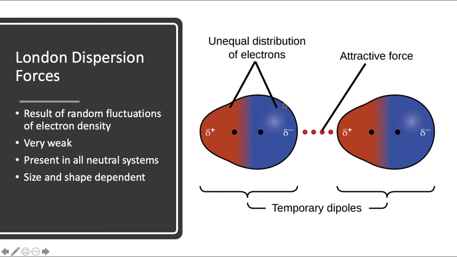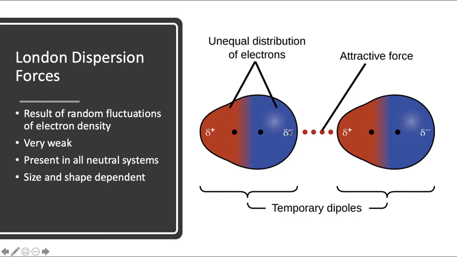I may have 2 electrons on this side and only 1 on this side, and so they don't balance out exactly, they don't cancel out. I might have an area of the atom that has more electrons in it, so a little bit of negative charge accumulates there because of the uneven distribution of the electrons around the nucleus.